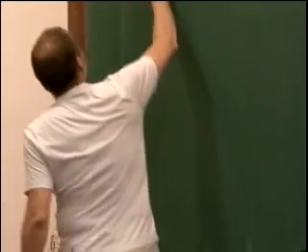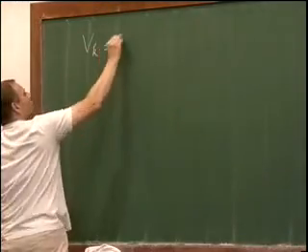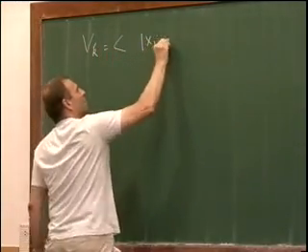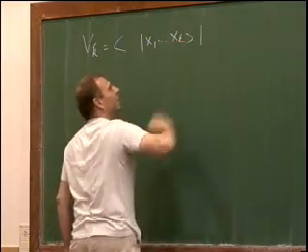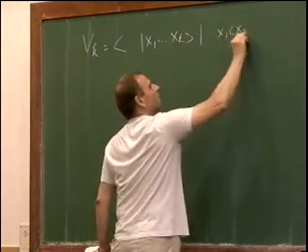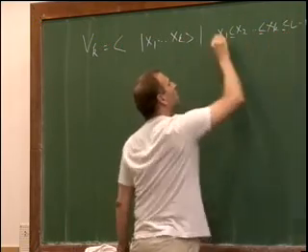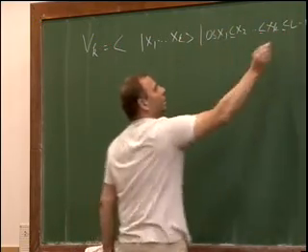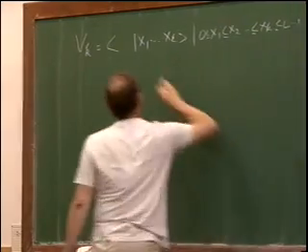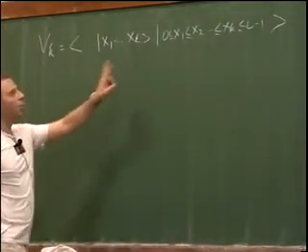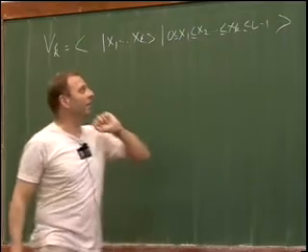So we had a vector space V_k, which was spanned by |x1, ..., xk>, and by deciding that the vector would be 0 whenever two of the x's would coincide, okay?